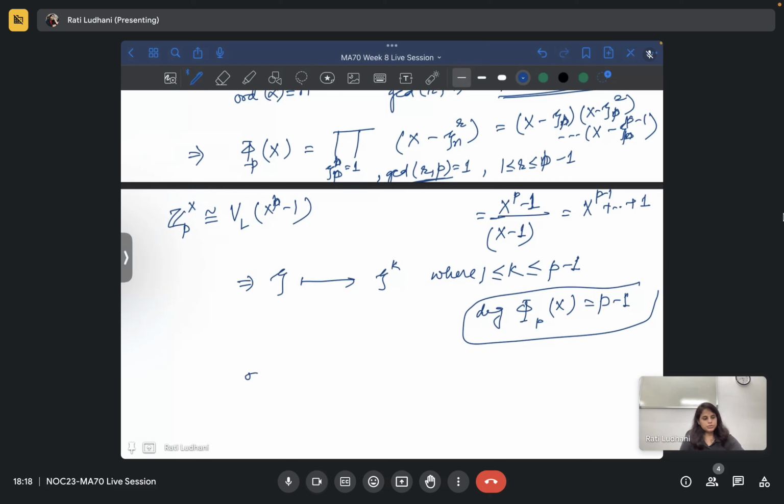Okay, so very good. So we have sigma, which is defined by two things, a and zeta, and we have obtained where it could map.